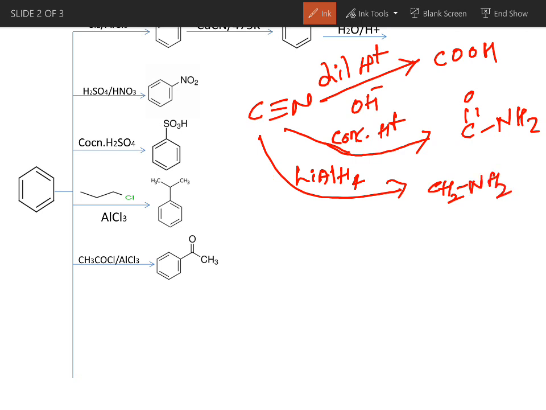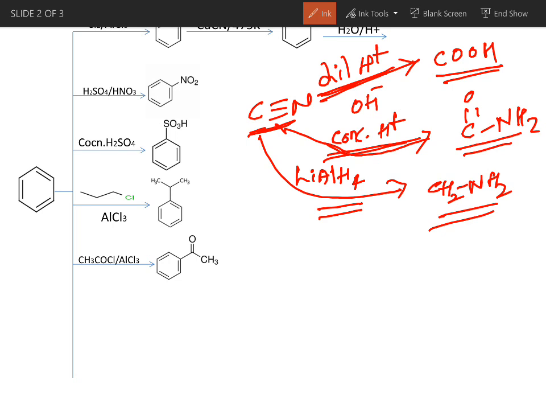So what you have to remember, if cyanide is treated with dilute acid or dilute base, it undergoes complete hydrolysis and forms carboxylic acid. If cyanide or nitrile reacts with concentrated acid or base, it undergoes partial hydrolysis and forms amide. When cyanide undergoes reduction with strong reducing agent, it will give primary amine.